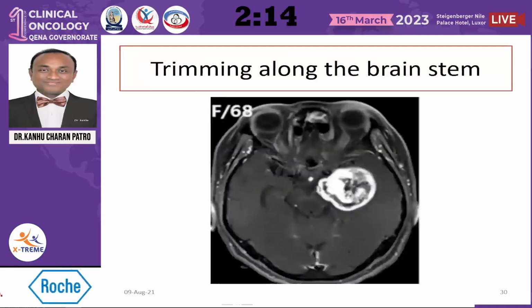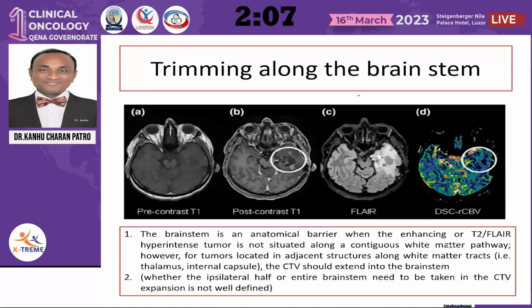If any brain tumor is along the internal capsule, temporal lobe, and thalamus, that is again a tricky situation. The brainstem is an anatomical barrier when the enhancing or T2 FLAIR abnormality is not situated along a contiguous white matter pathway. However, for tumors located in adjacent structures along white matter tracts like the thalamus and internal capsule, the CTV should extend into the brainstem.